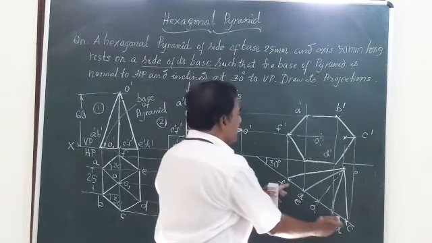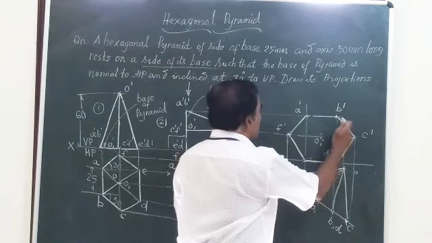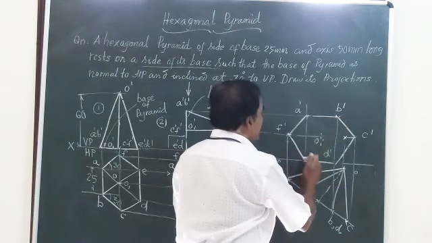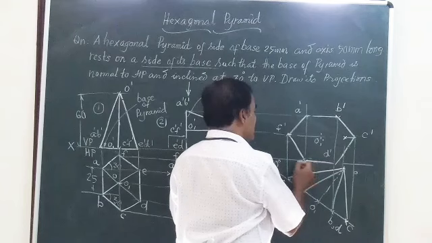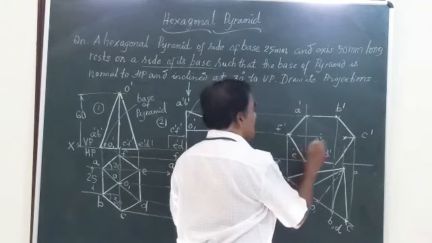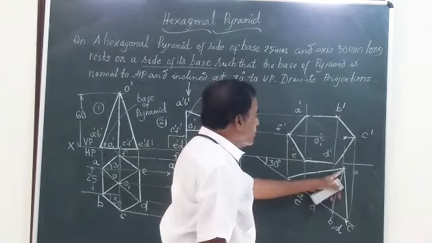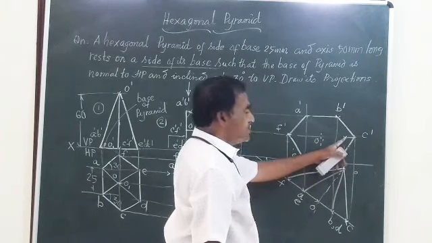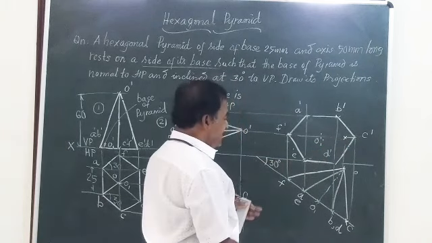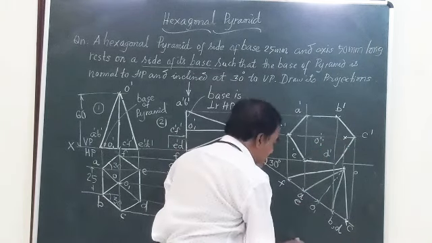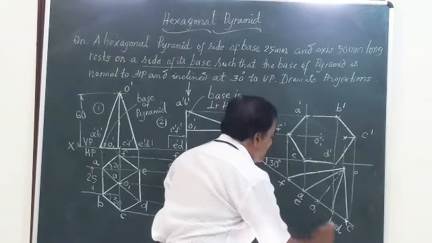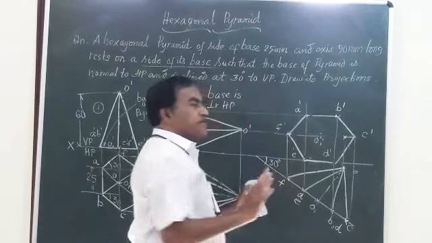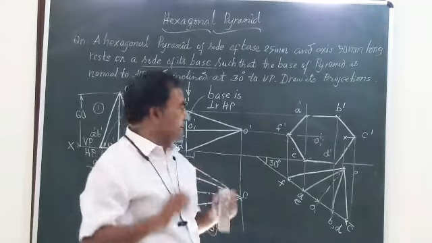So we have got 6 points for the base. I have got all these 6 points, A, B, C, D, E, F. That is C, D. This is E dash and this is F dash. The vertex O is here. Now you can observe, my dear friends, since the base of the solid is nearer to the observer, you will be able to see the complete base. So the complete base I have marked using full line.